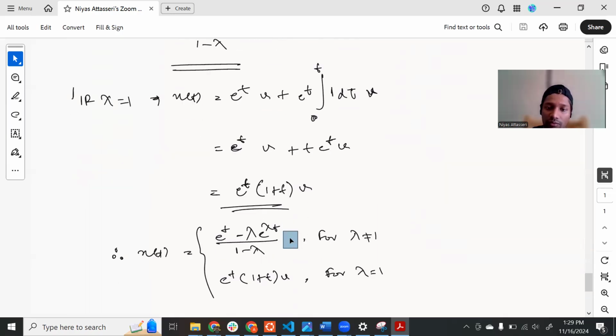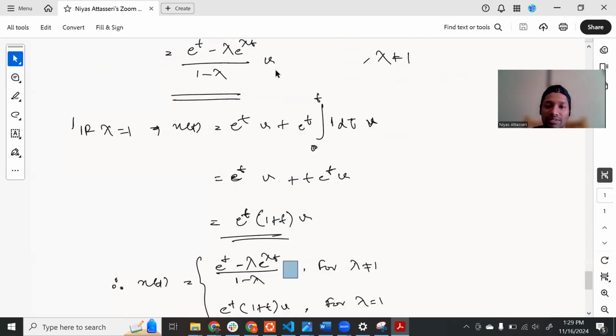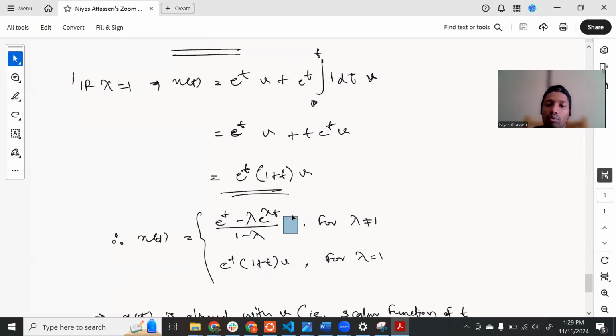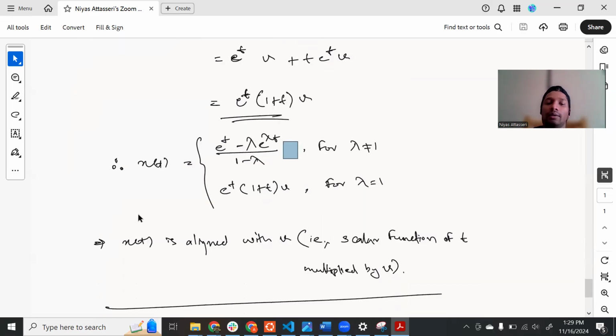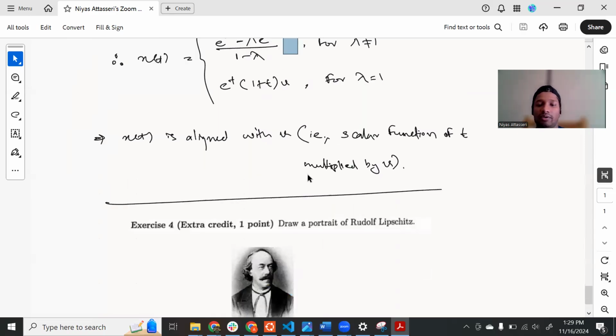That's something that I missed when I copied the solution. So you see that both the solutions have v in the end, which is basically saying that the solution that you have is a scalar function of t multiplied by v. So that's basically what we were asked to find, and we have found.